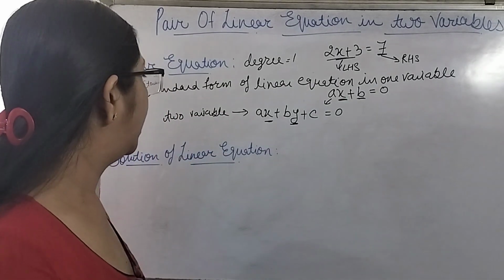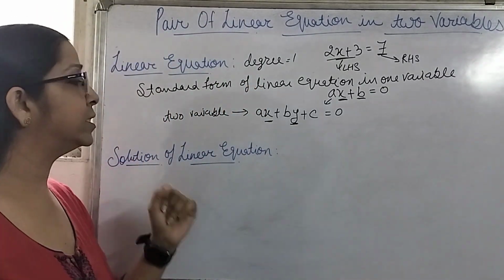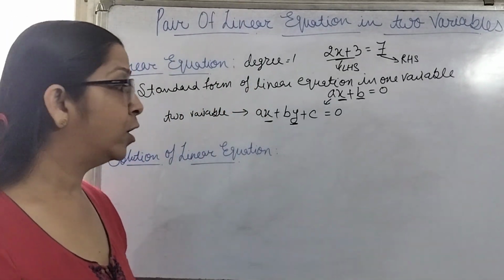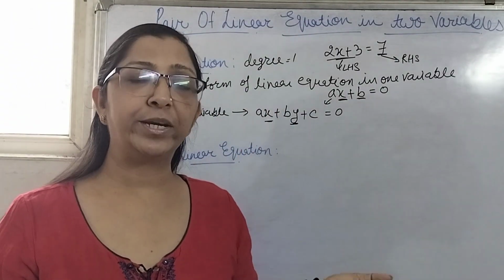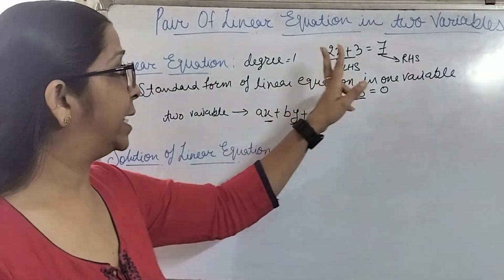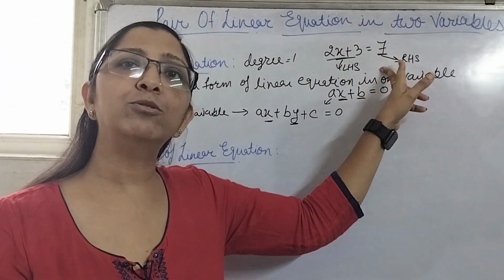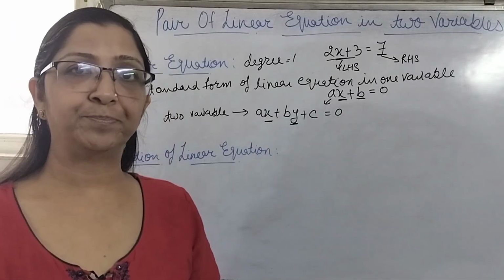Now let's see what the solution of a linear equation is. The value of the variable that satisfies the equation, meaning the value for which the LHS becomes equal to the RHS, is known as the solution of the equation.